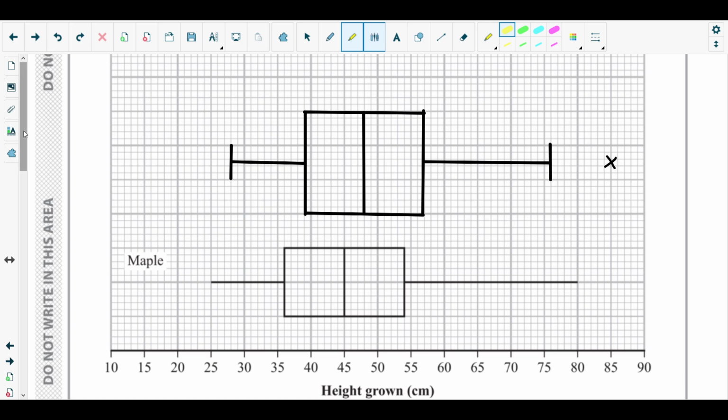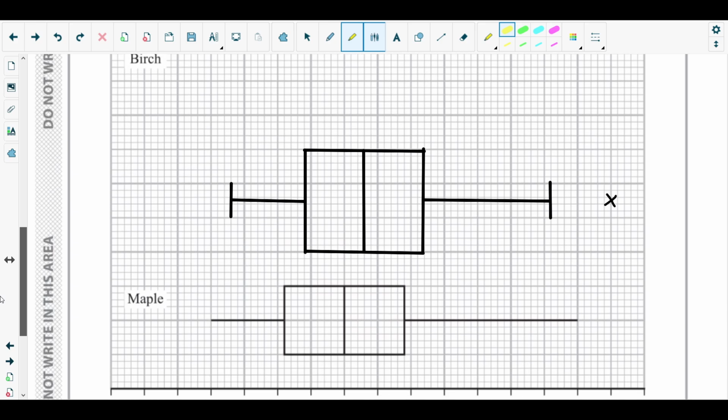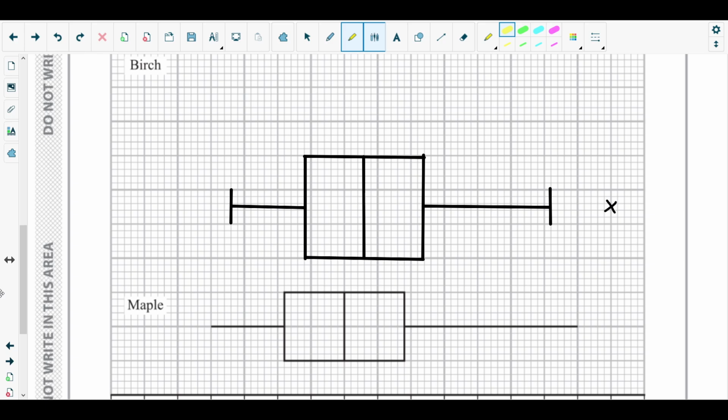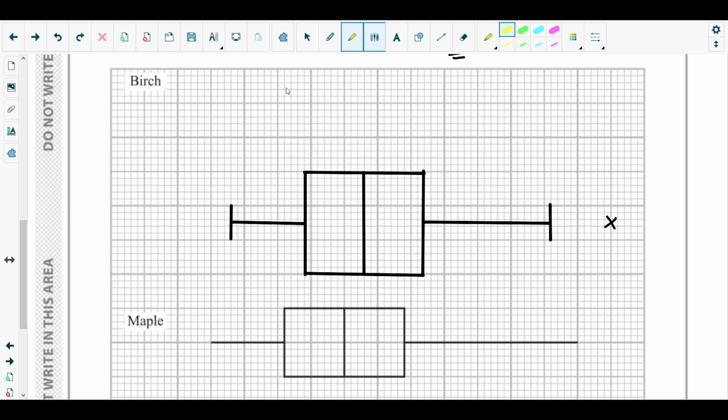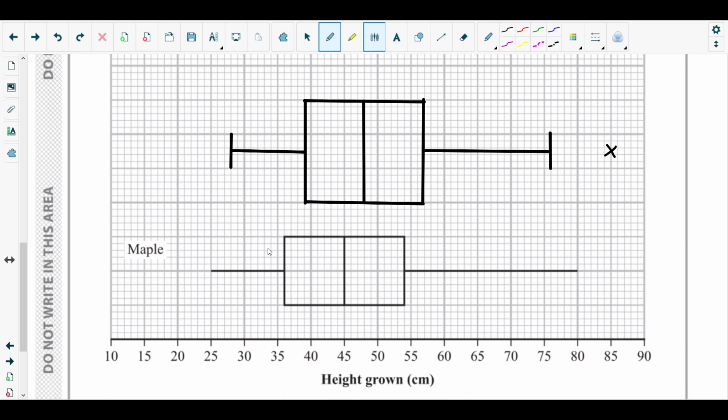It's for 1 mark. So we can comment either on the measure of location or on the measure of spread. Let's consider the measure of location, the median. The median for birch trees is 48, but for the maple trees it's 45.